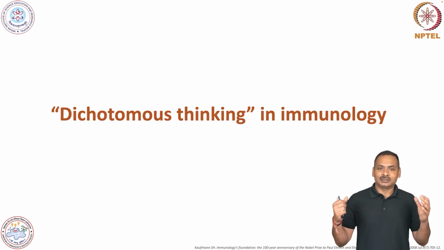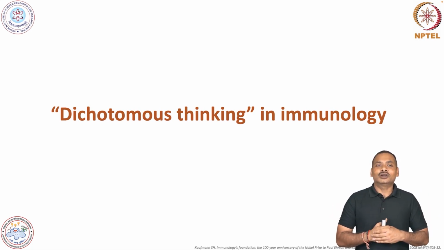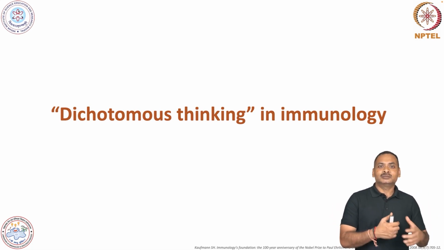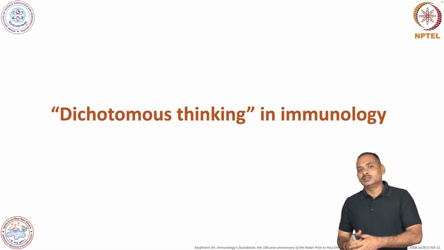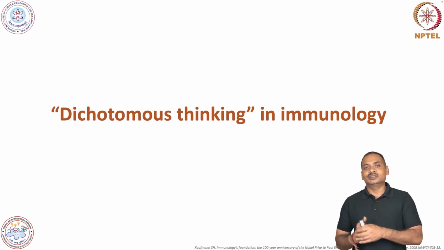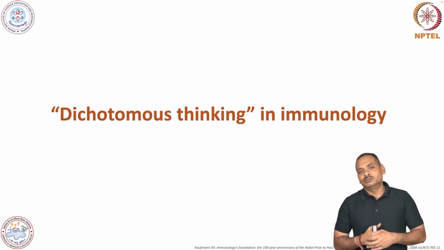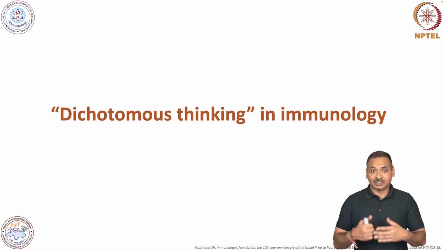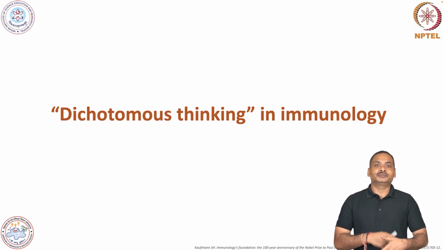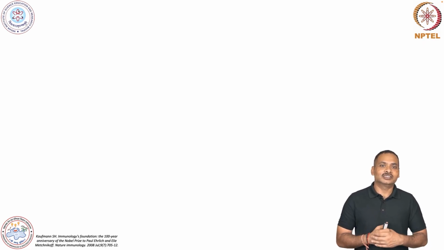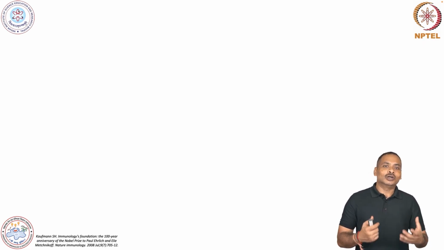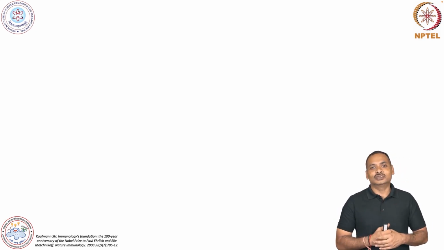The defense is not only by some cells, but there are also some soluble factors, okay, which also play a very important role in defense against any infection. So let's look at what this dichotomous thinking is, who the main proposers are and who the supporters are for these two schools of thought.